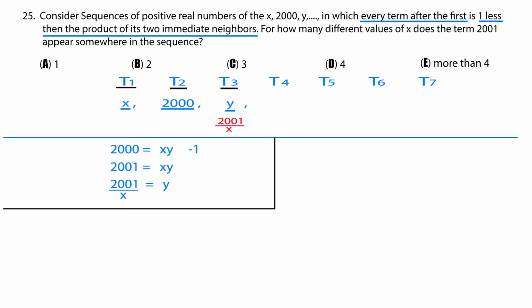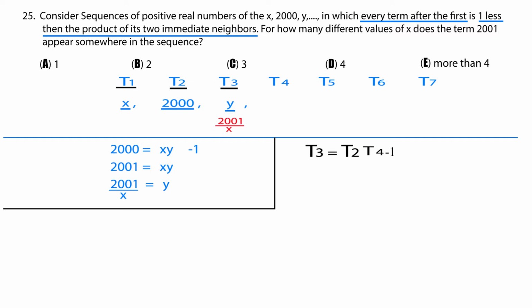How do we figure out T4? According to our formula, every term like T3 is equal to one less than the product of its two neighbors. Its two neighbors are T2 and T4.